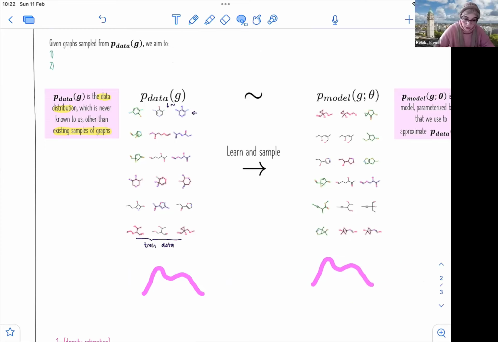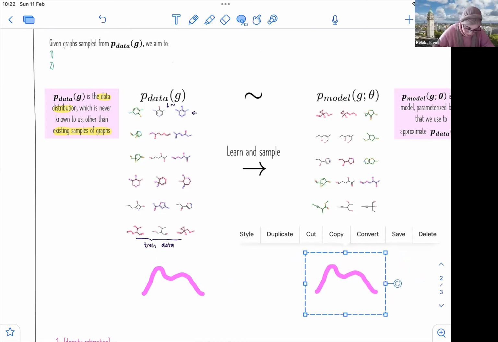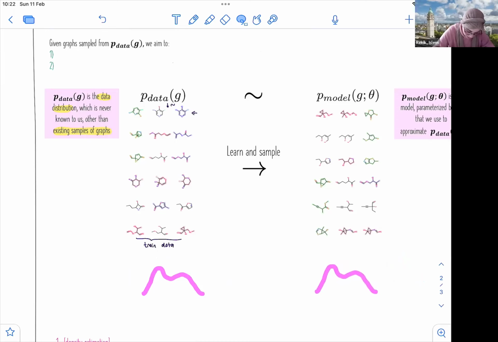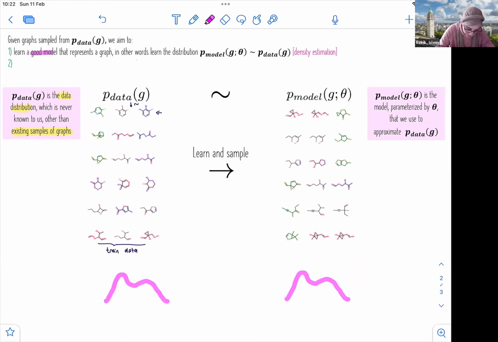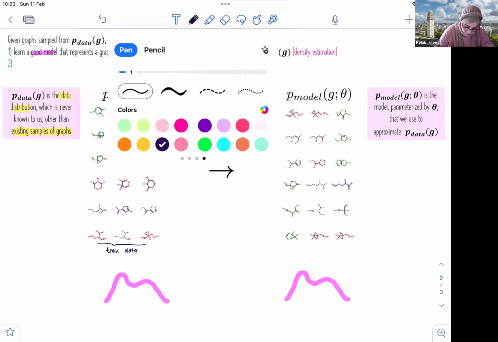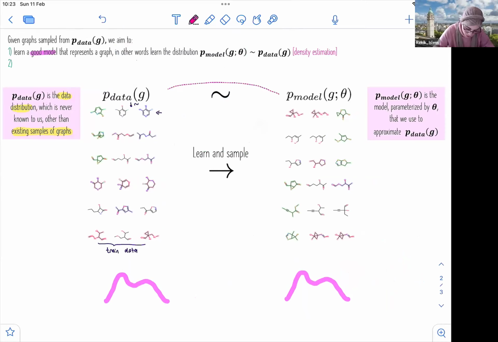All right. So in this example, next, what we want to do is to learn a good model, okay? So we want to learn a good model that represents the graph. And this means that if this model is able to approximate this distribution, which means recreate graphs similar to this train set, right?